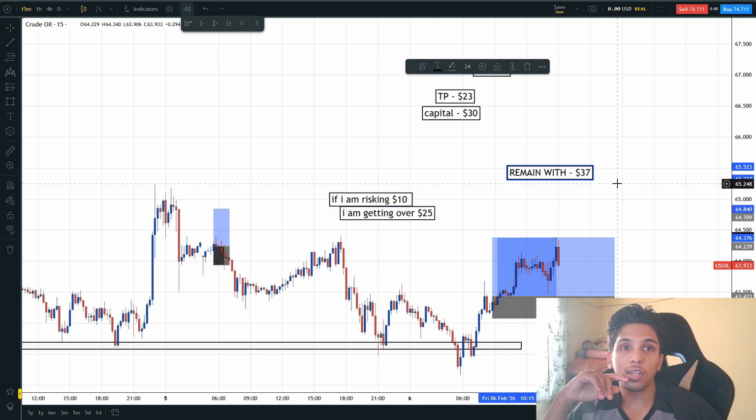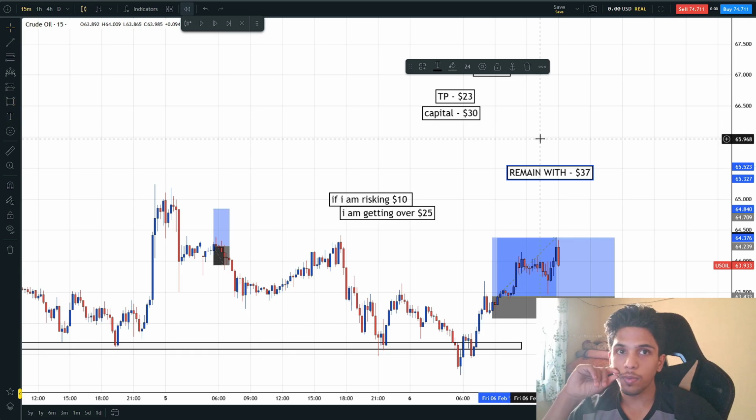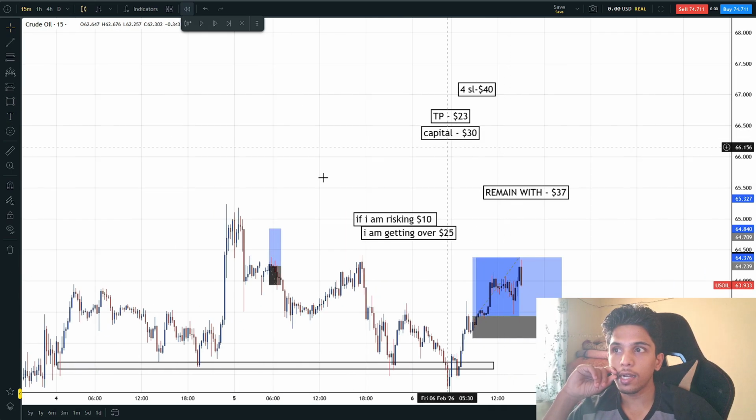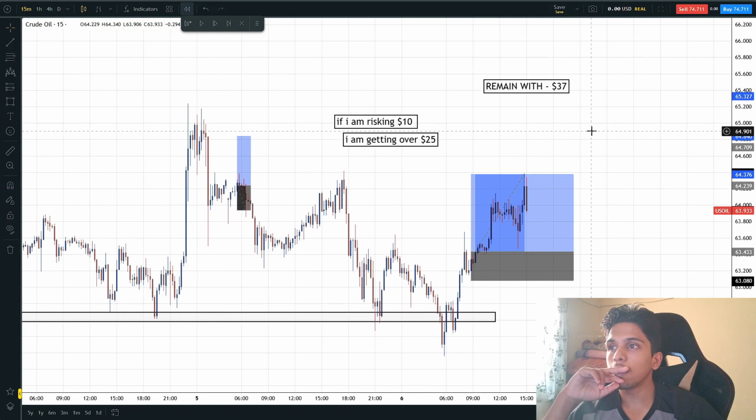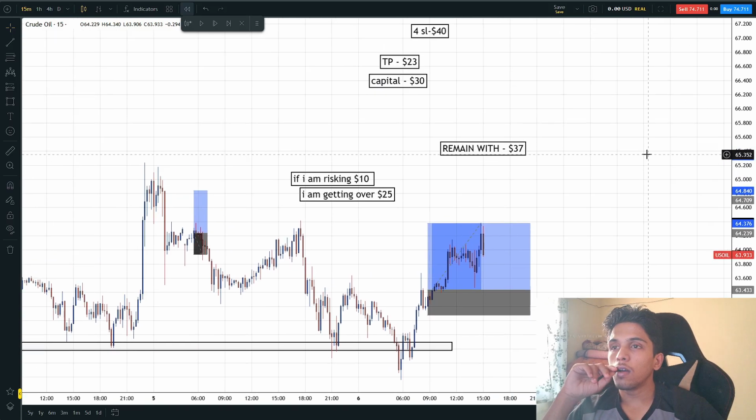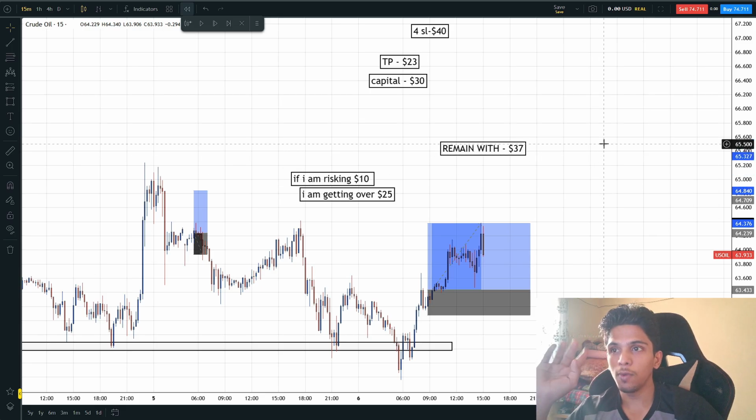That means around 600 Indian rupees, because we have gotten very big SLs. So around 600 rupees we make on an investment of $30, risking $10 to get us $7. That is what happened.